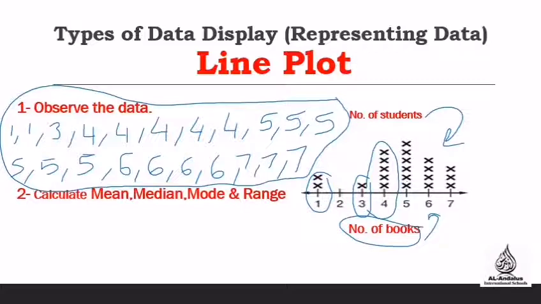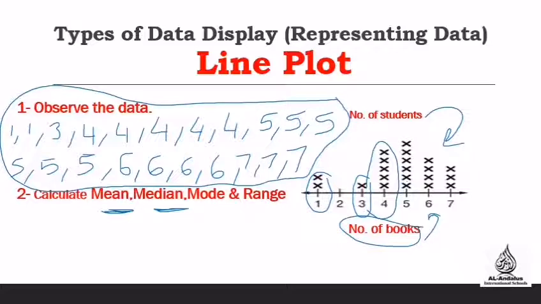According to this data set, I can calculate the mean by adding all these numbers and dividing by the number of numbers. I may calculate the median by ordering the data from least to greatest, and then picking the middle value.